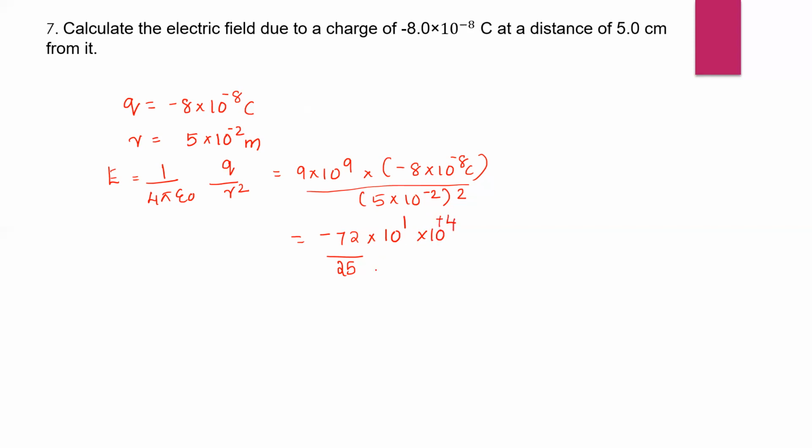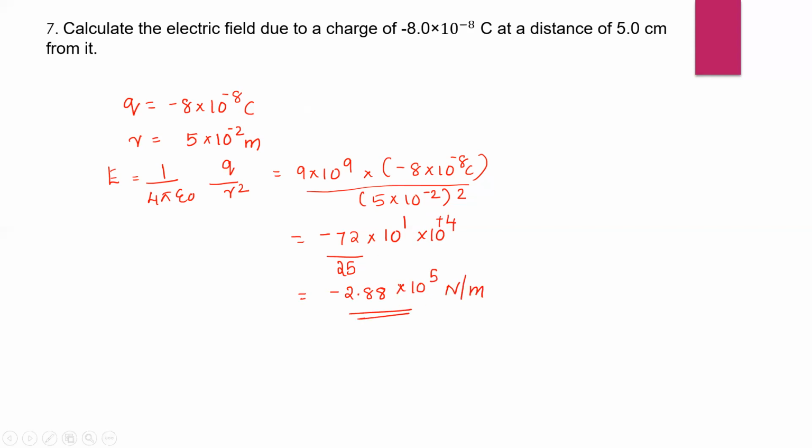On solving this we will get 72 upon 25 is 2.88. Negative sign will come. 2.88 into 10 raised to 5 Newton per meter.